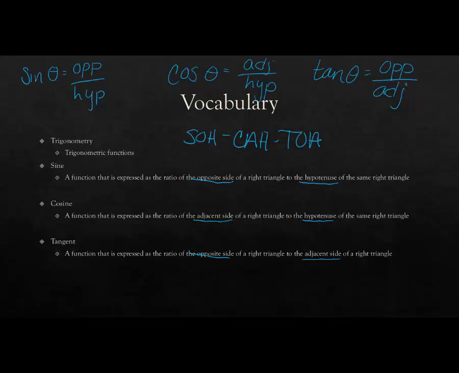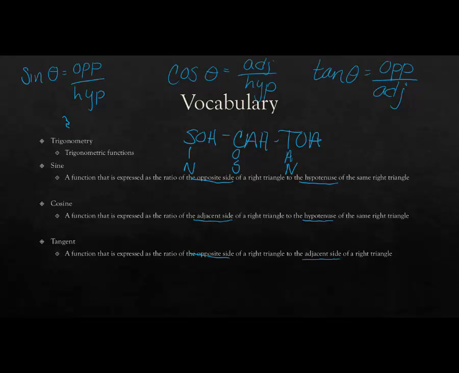So, when we're doing problems like this, we use SOHCAHTOA. Sine means opposite over hypotenuse. Sine is the opposite over hypotenuse. Cosine is the adjacent over the hypotenuse. Tangent is the opposite over the adjacent.